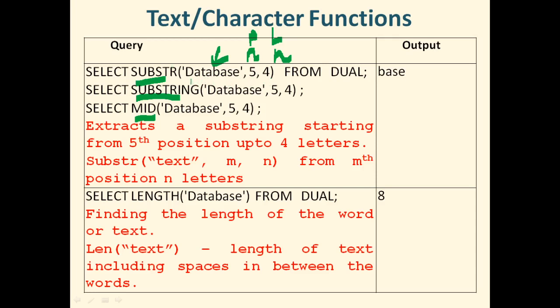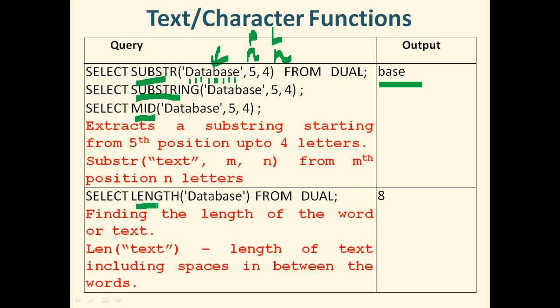So let us see: 1, 2, 3, 4 and 5. Fifth position is B. So from here I have to count 4 characters: 1, 2, 3 and 4. So output is B, A, S, E. Base is the output here. Same will happen with substring and same will happen with the mid function.